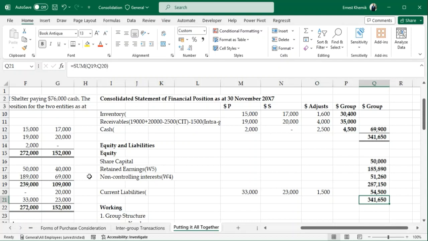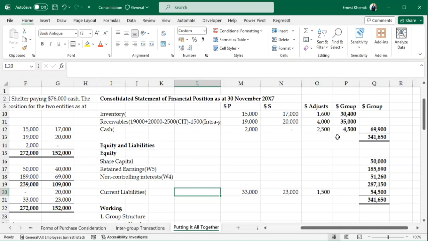So this is how we prepare our consolidated financial statements. As I said, if you are writing, please, instead of putting these figures in, you put it in the brackets, and then you forget about all these columns, the three columns here, and then you have your two separate sections for your group figures.